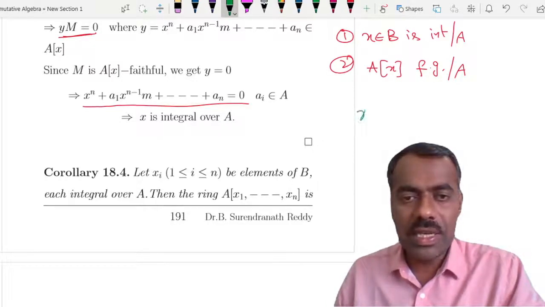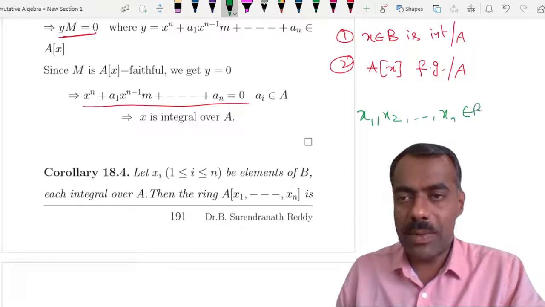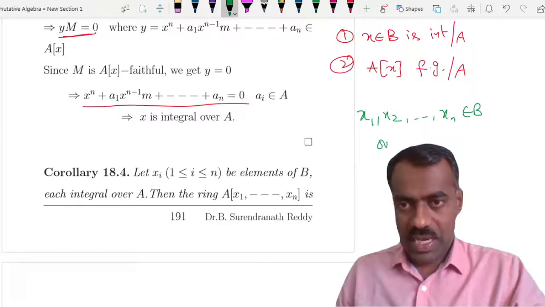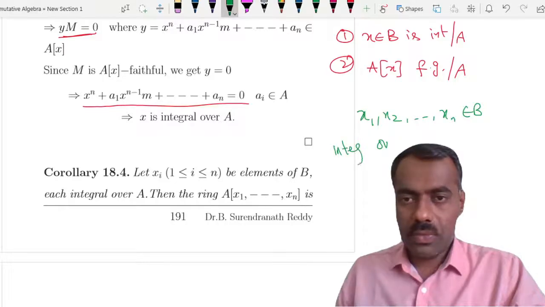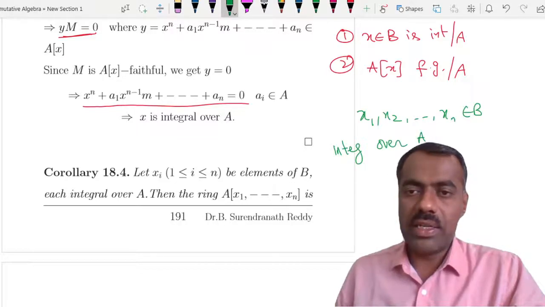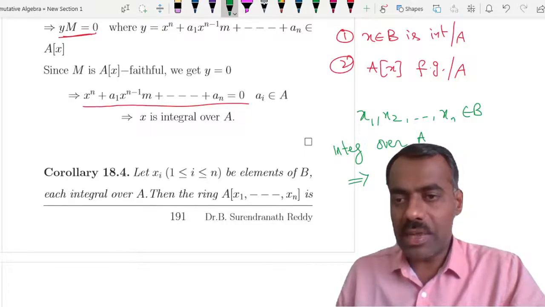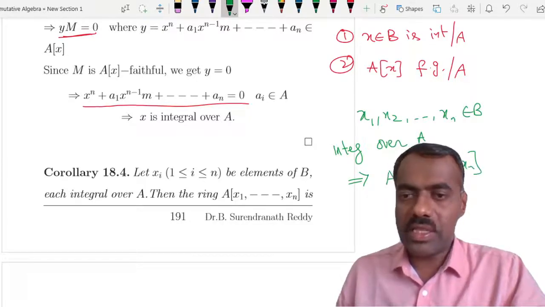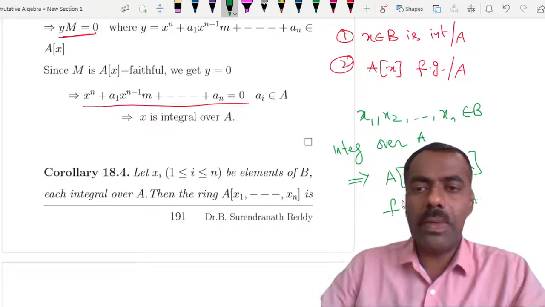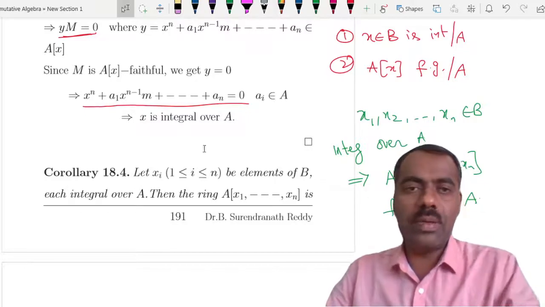As a corollary, we can prove it not only for one element, but for any finitely many elements. That means if x1, x2 up to xn belong to B and are integral over A, then A together with these elements, A[x1, x2, ..., xn], is finitely generated over A. For n equal to 1, we have already proved this result.